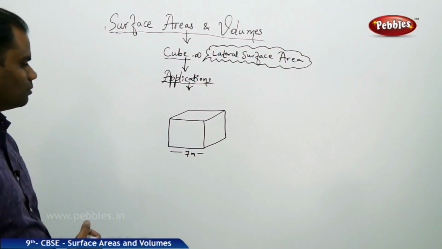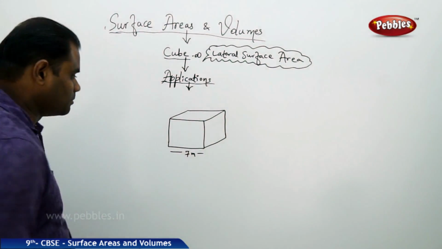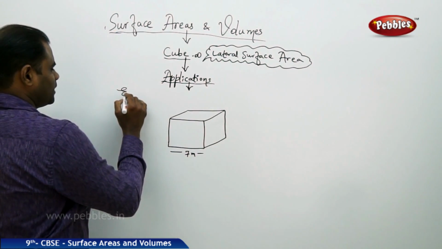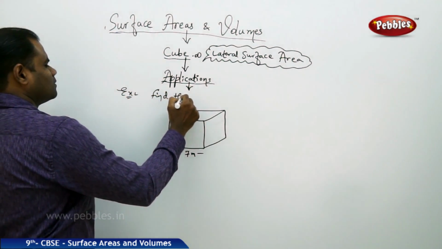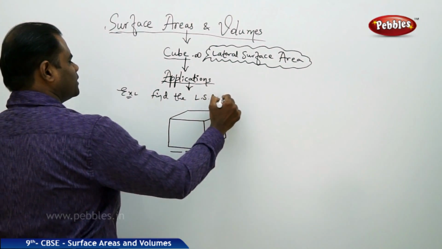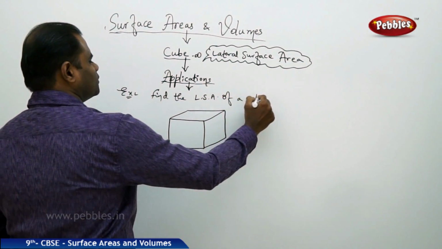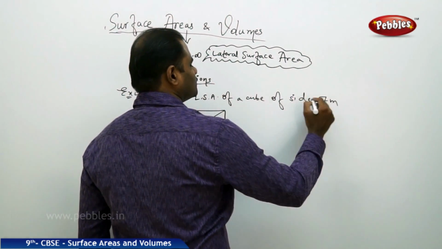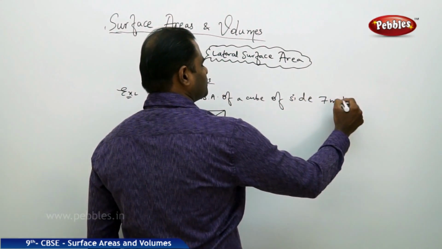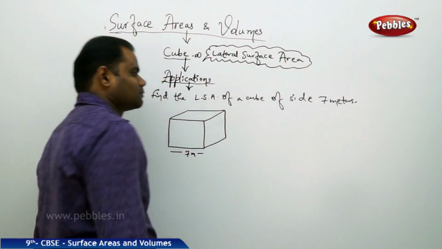So here is a cube of side 7 meters, and my question is, find the lateral surface area of a cube of side 7 meters.